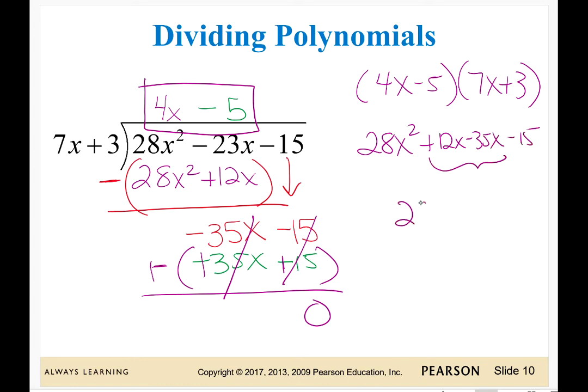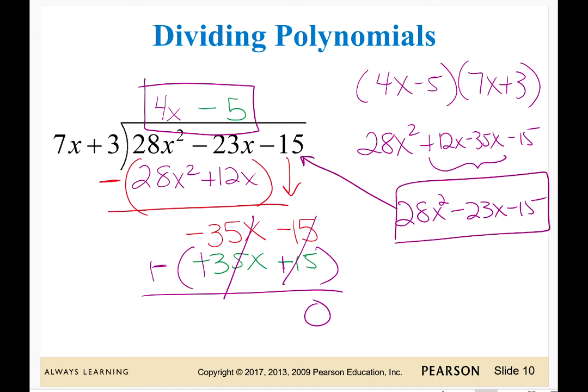Combine those like terms in the middle. Positive 12 minus 35 is negative 23. So if you look, voila, you get the dividend. So this is your check. Okay, so if you want to check and there's no remainder, it's just quotient times divisor should give you the dividend.